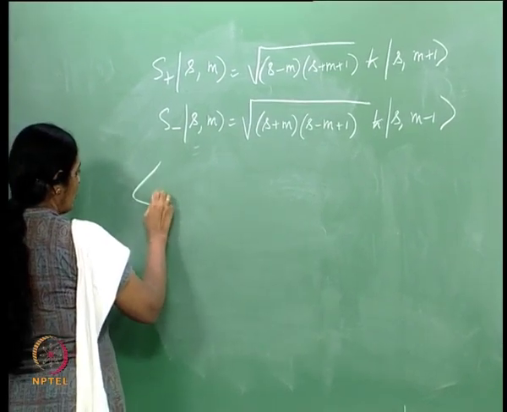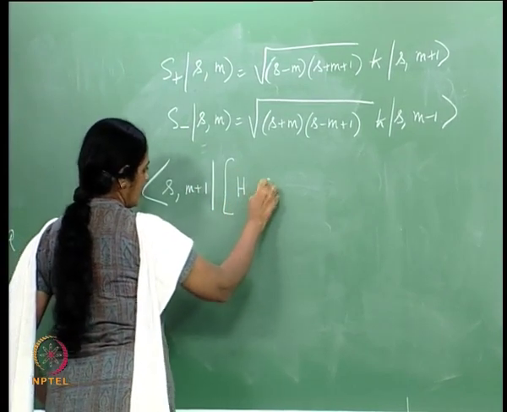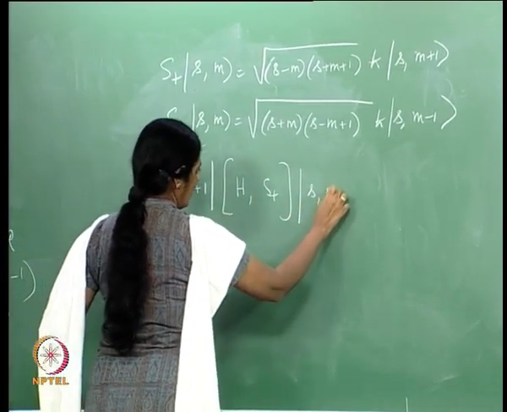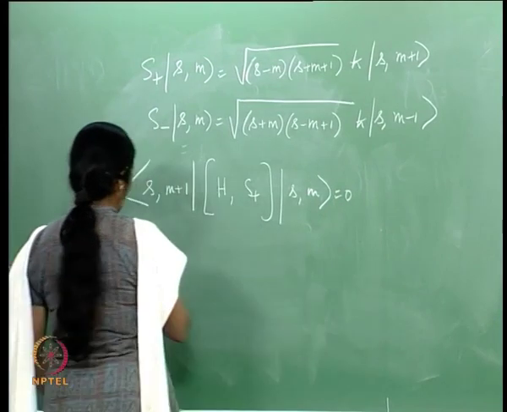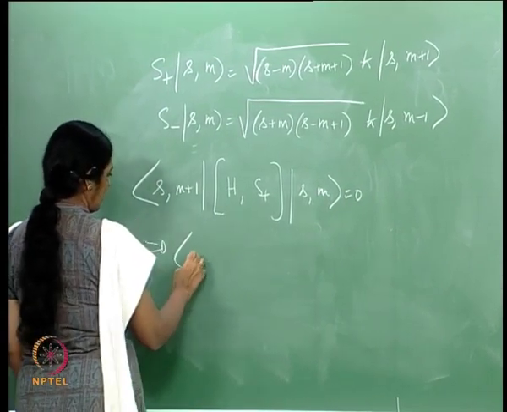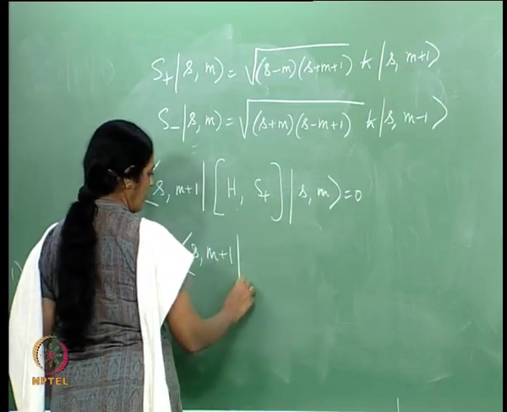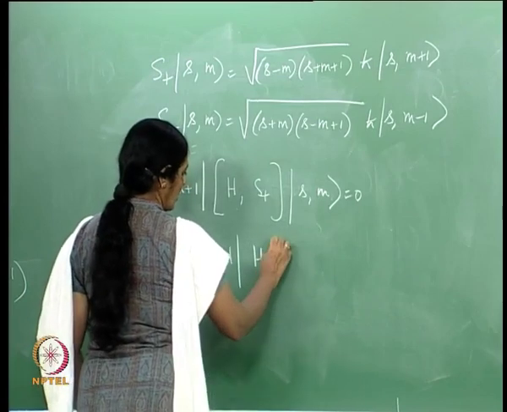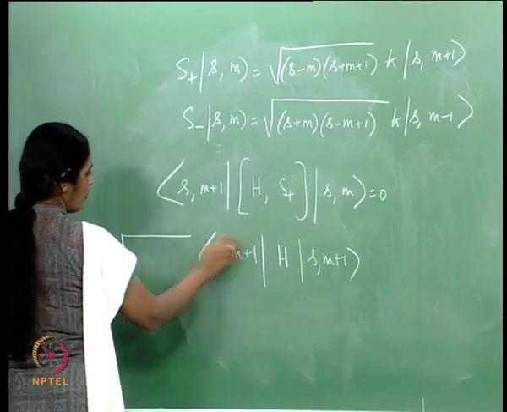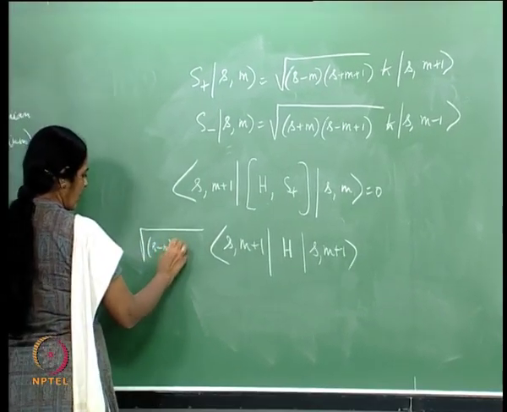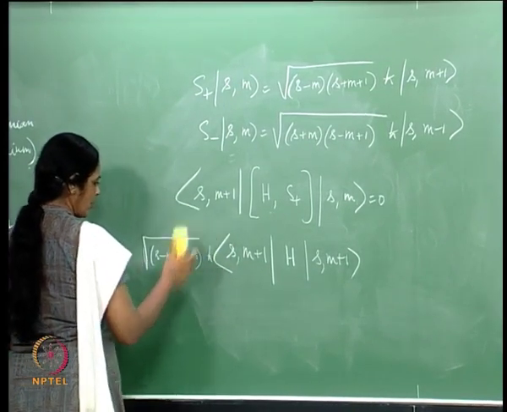In my problem, therefore, I started with this object, and this implied <S, m| H S plus |S, m> gives me <S, m| H |S, m plus 1>, pulling out this coefficient, root of (S minus m)(S plus m plus 1) ħ. ħ is outside the square root.